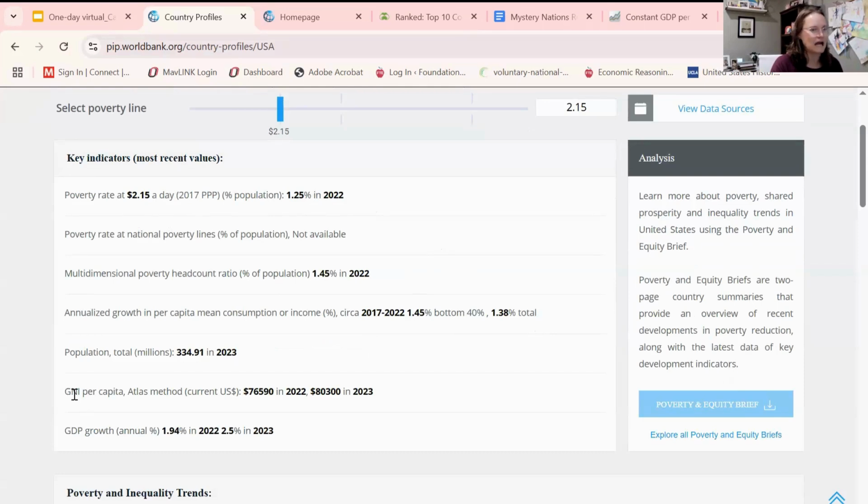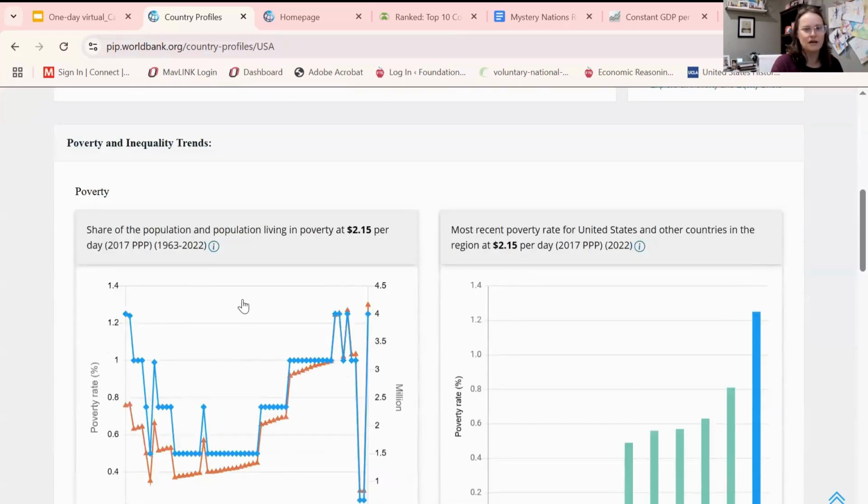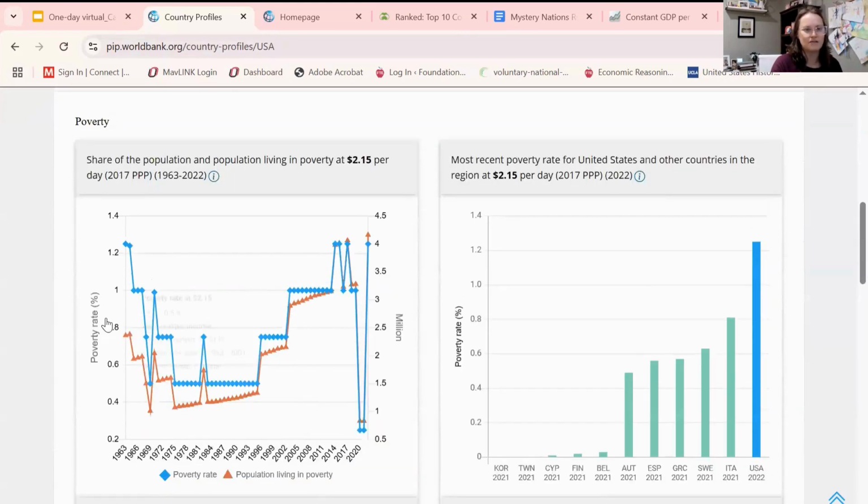Here's that GNI. Here's some growth rate, right? There's lots of different information on here. This will be my next slide, but here is what has happened to the share of population living in poverty at $2.15 per day.